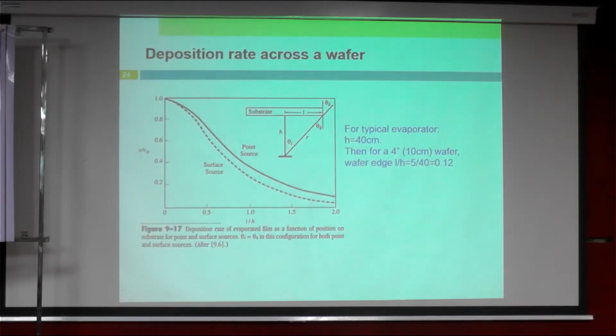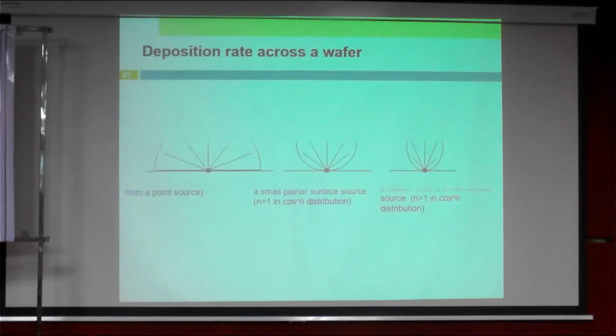Deposition rate across a wafer. You have a wafer substrate here, and this is the whole width of the substrate. Then you know which part will be thicker and which part will be thinner, because the mean free path of the evaporated material will be different, because the distance and direction from the bottom to the top will give different path lengths.